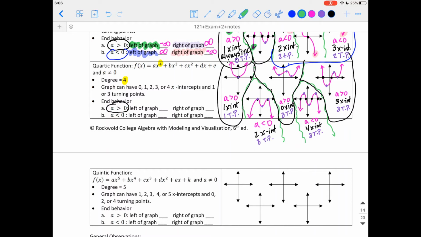Okay, so the left of the graph. The left of the graph is this arrow or that arrow or that arrow. For all 3 of those kids, that left of the graph is headed forever up.